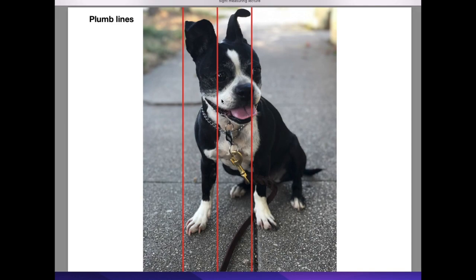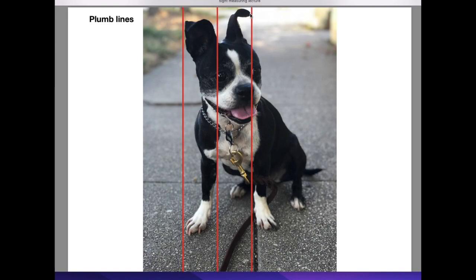Plumb lines, again, these are vertical lines. I can see where everything lines up. I can see that the end of her ear on the left side here lines up with her foot. I can see where the other side of her ear lines up, or where it's meeting her head. Draw it down. It hits the left side of her eye, also at about the armpit.